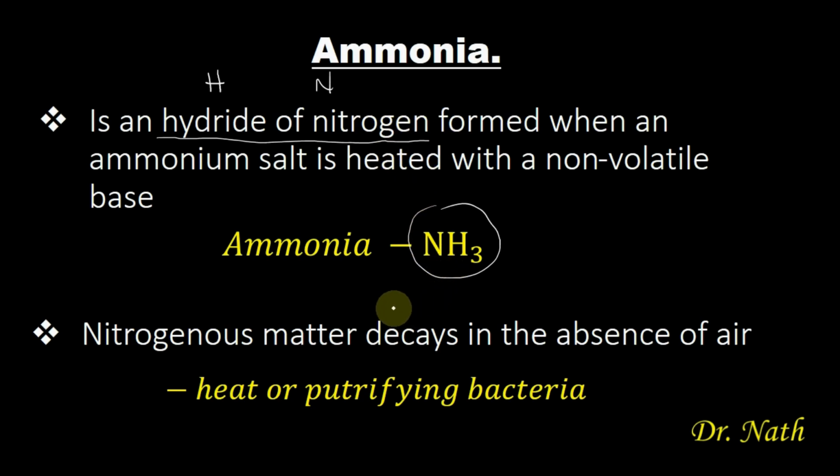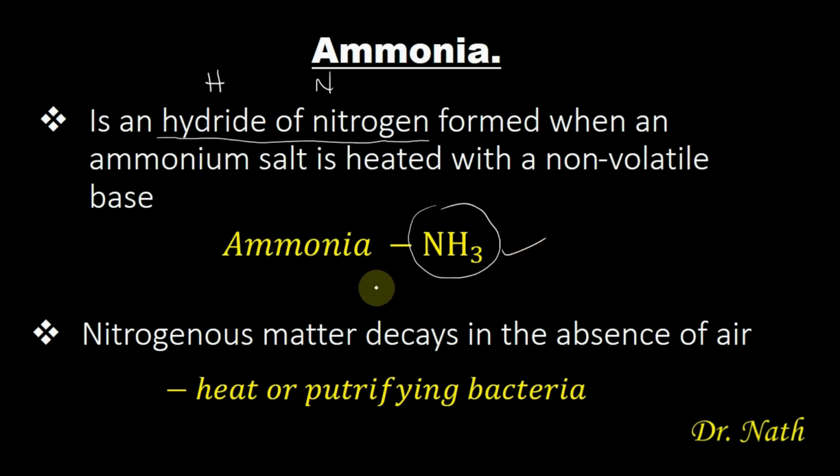This is a very important fact, as it can come in an exam: which of the following gases will be released when nitrogenous matter decays in the absence of air by the action of heat or by putrefying bacteria? Just know that the gas that will be released is ammonia.